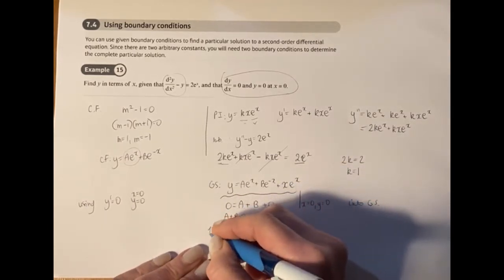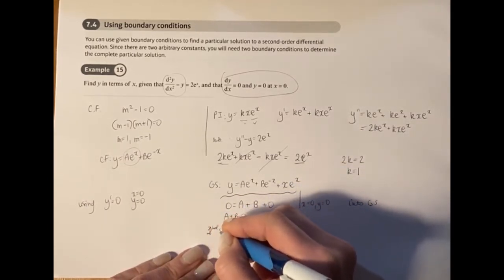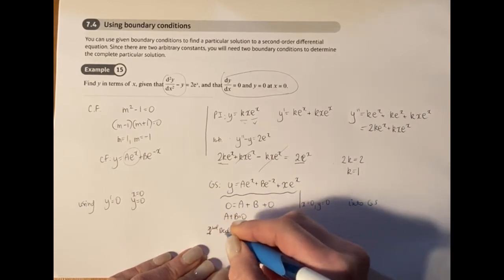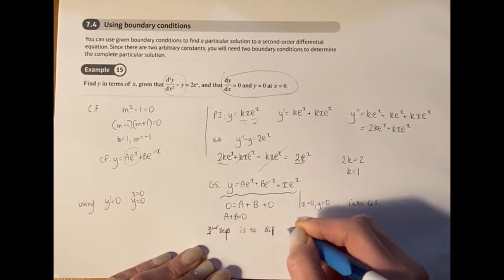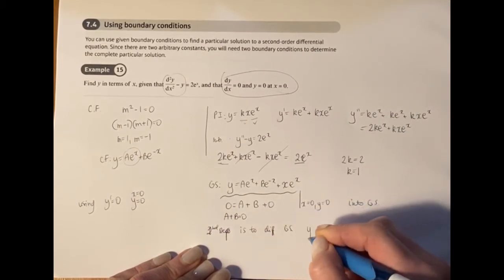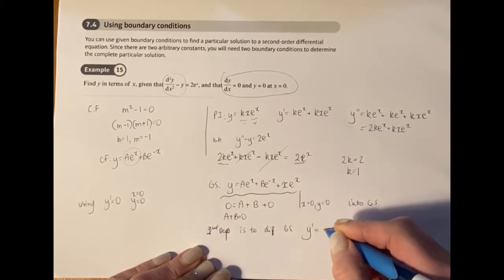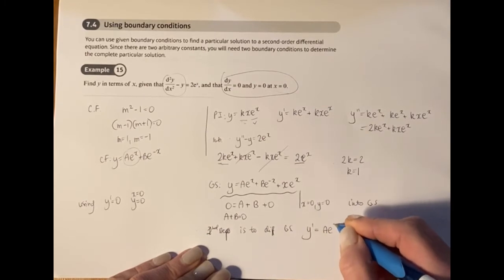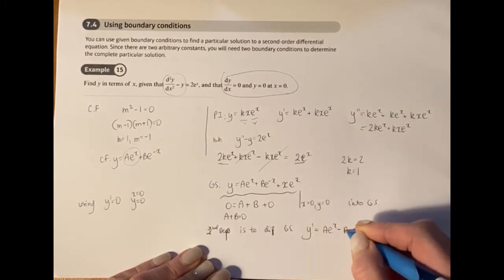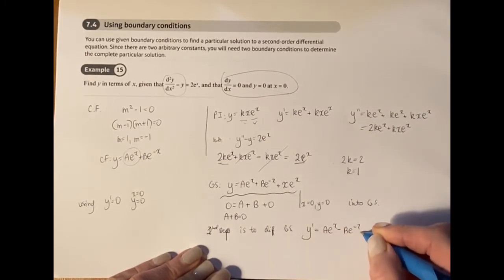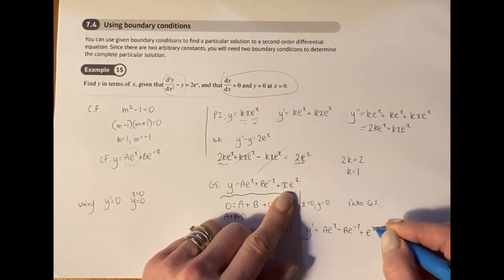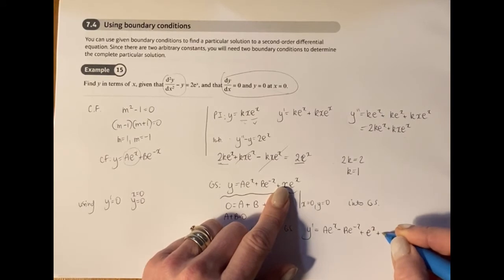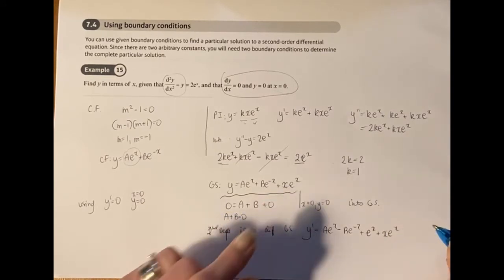Then, second step is to differentiate the general solution. So y dash is going to be equal to a e to the power of x minus b e to the power of minus x, and then we've got x goes to 1 times e to the power of x plus x times e to the power of x.